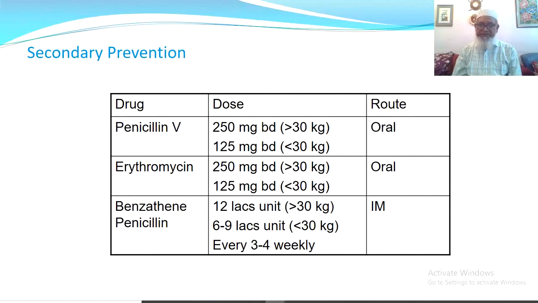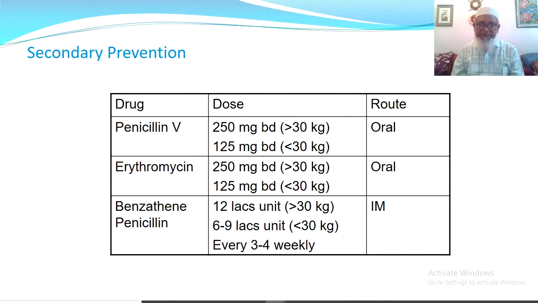And secondary prevention. I'm sorry, I gave a pause. Welcome you again.